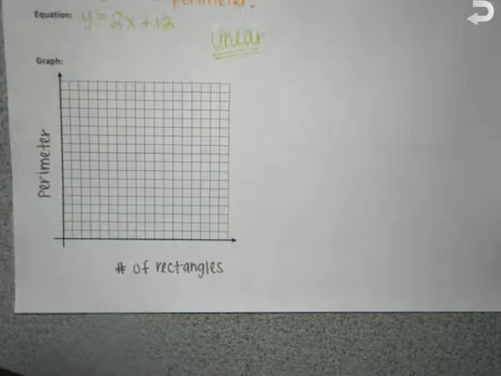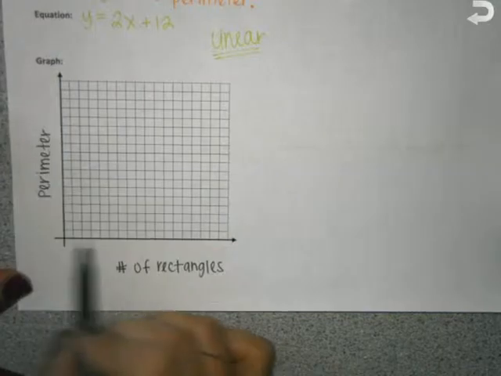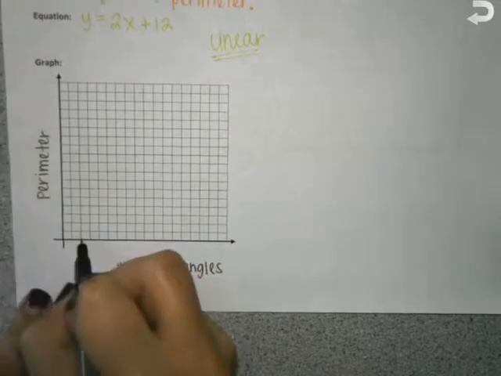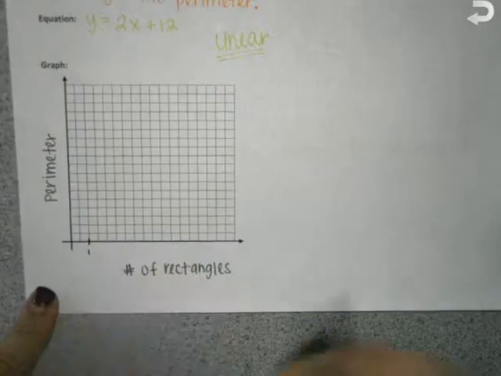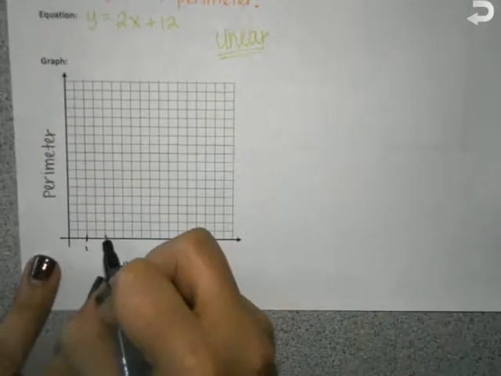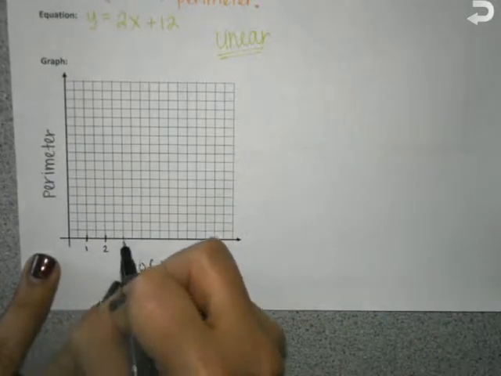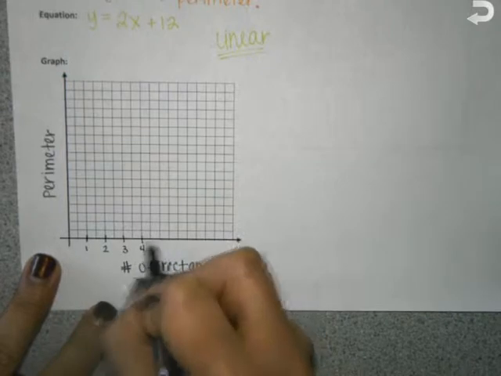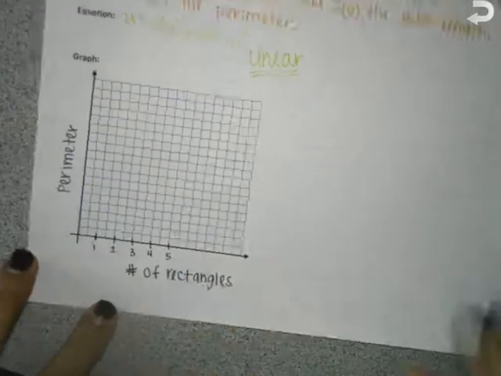Let's label our scale of our graph. You can really do whatever you want, but because we have so much room on the x-axis, I'm going to do every other one as a 1. So right here, I'm going to put a line and I'm going to label it 1. And then I'm going to do 2, 3, 4. And then even though we stop at 4, I'm going to draw 5 too. But we can stop there.